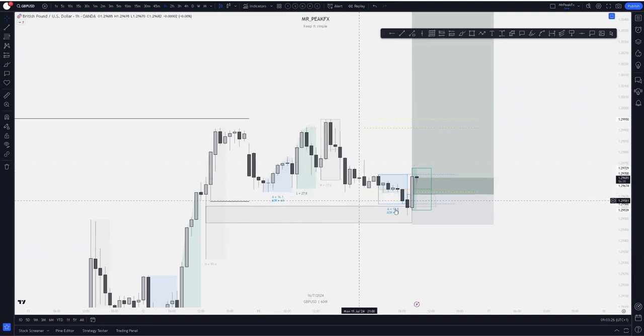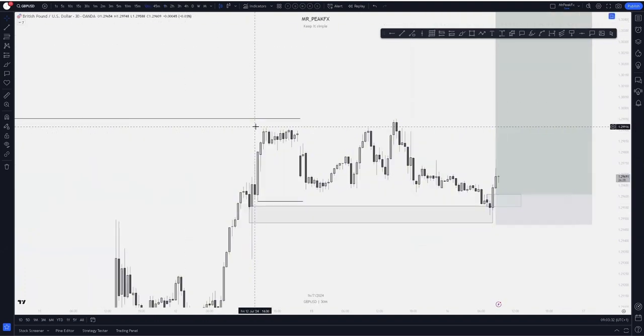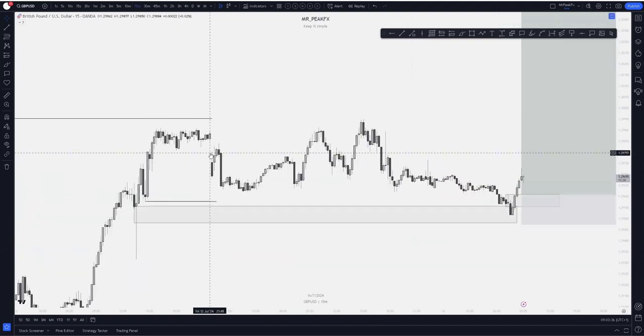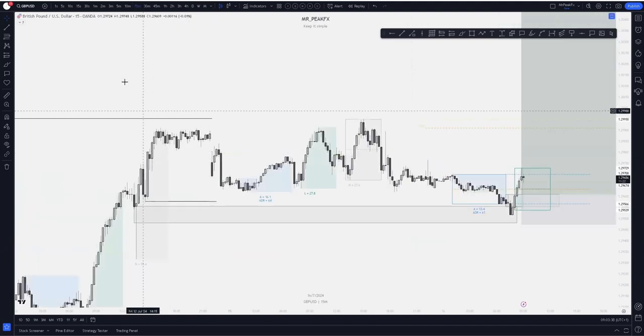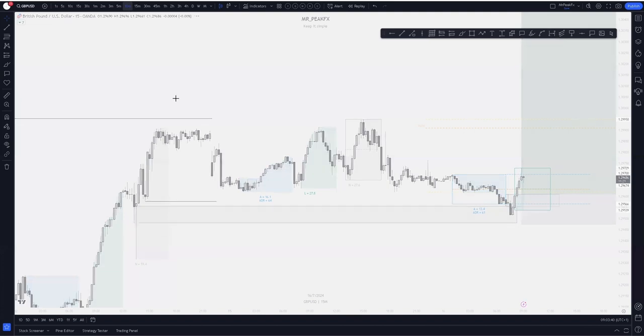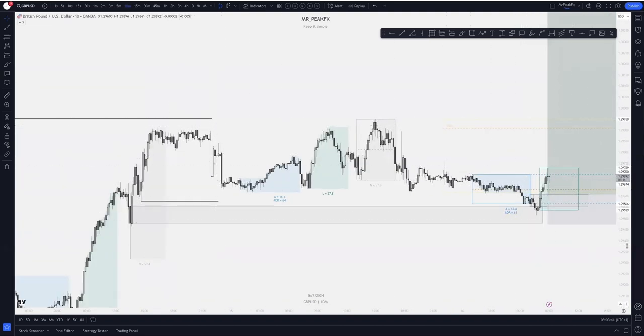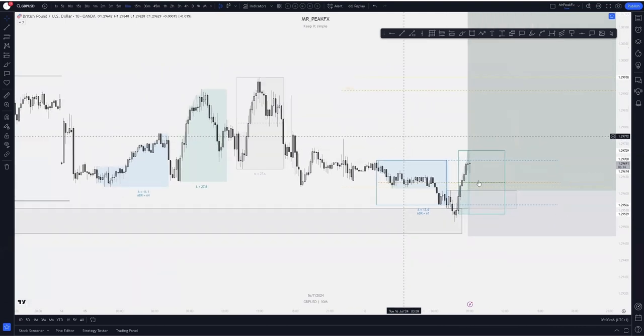Price came to grab liquidity, and of course there was a valid base right here. Let me go down to my 30 minutes or 15 minutes. Okay, on my 10 minutes, it appears much clearer.